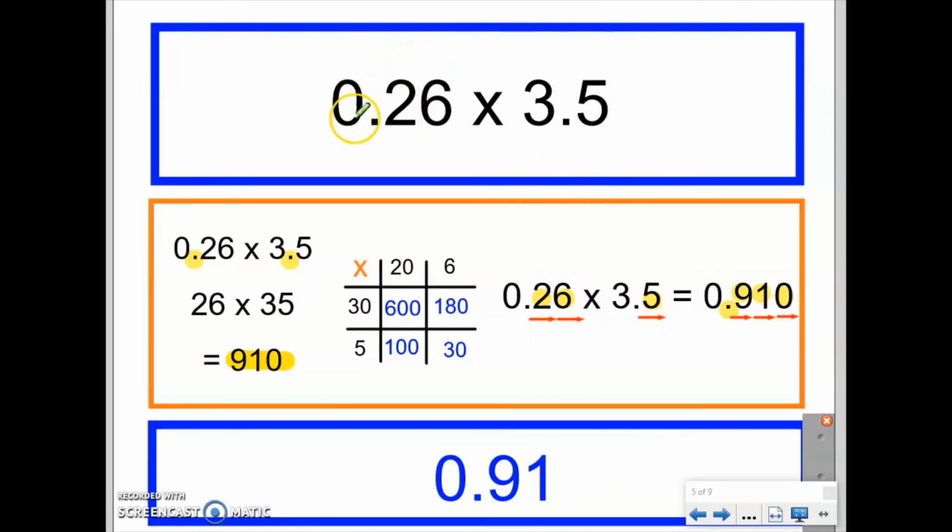So no matter how difficult or complex the question becomes, the method remains the same. Remove the decimals, do the multiplication, put the decimal point back into your answer based on how many numbers after the decimal point in your original question. This leads us to 0.91 in this example.